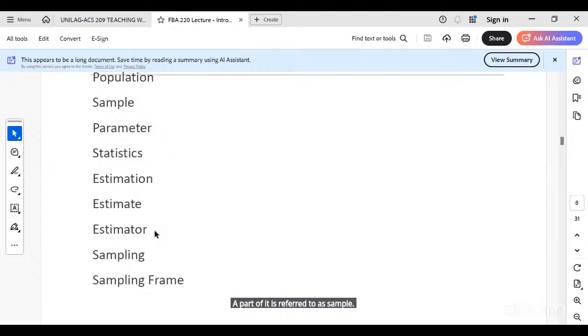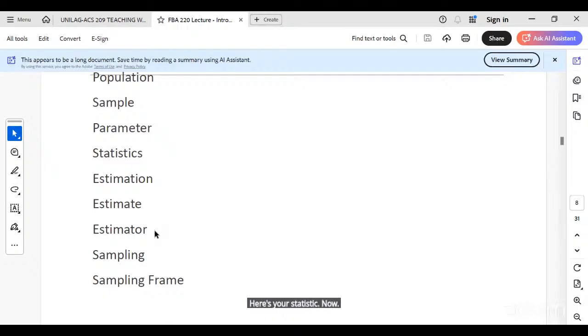Any function at all that you can use to represent your population is your parameter, while the function that you use to represent your sample is your statistic.